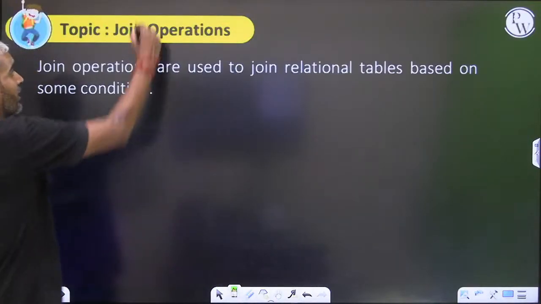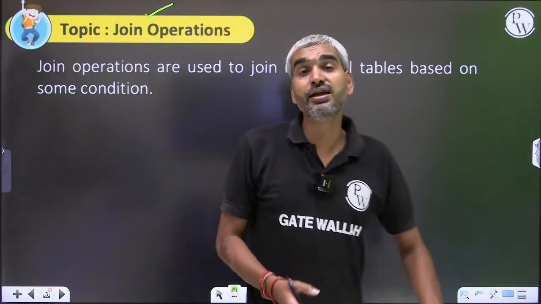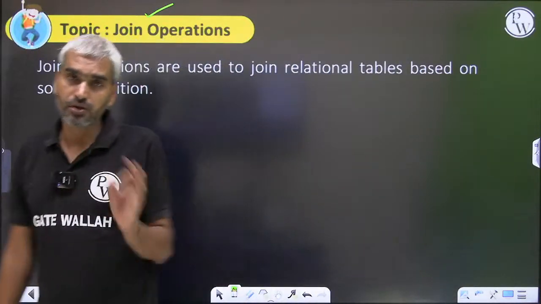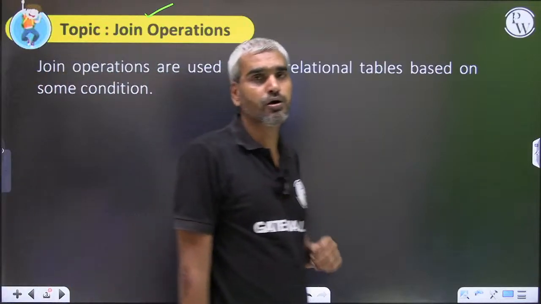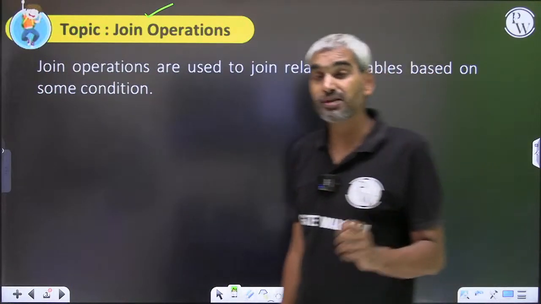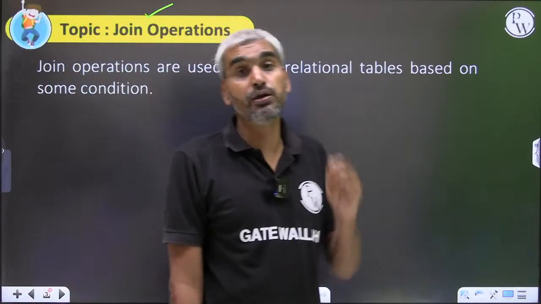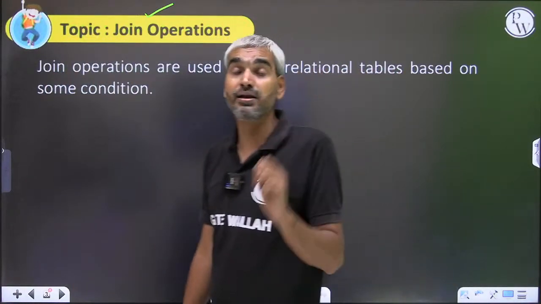First thing is, why exactly do we need join operation? When I was discussing the concept of basic relational algebra operations and I defined the cross product, I told you that the query condition evaluates tuple by tuple, taking one tuple at a time.